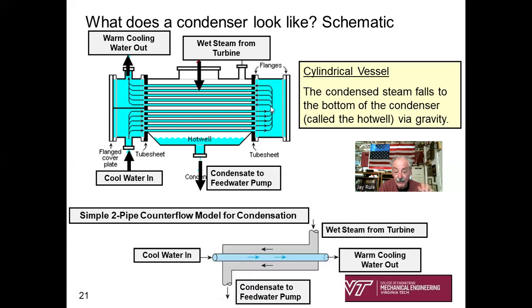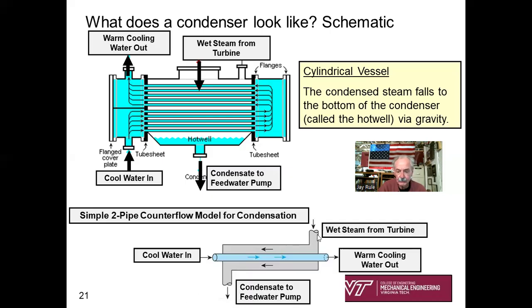It makes a U-turn at the end of the cylindrical vessel, turns back, and then out it goes. Obviously, it's going to be warmer because you've condensed the steam. These two streams do not mix. The turbine steam does not mix with the cooling water.